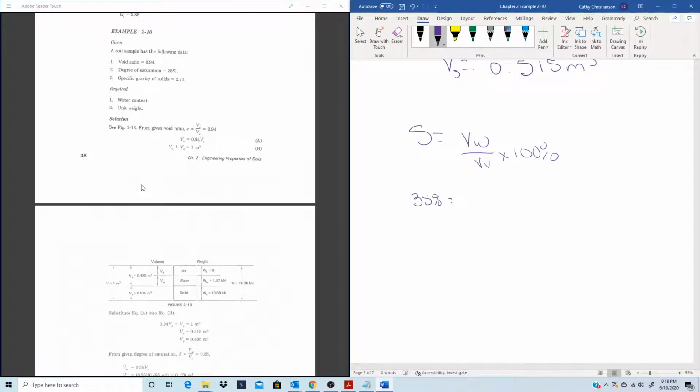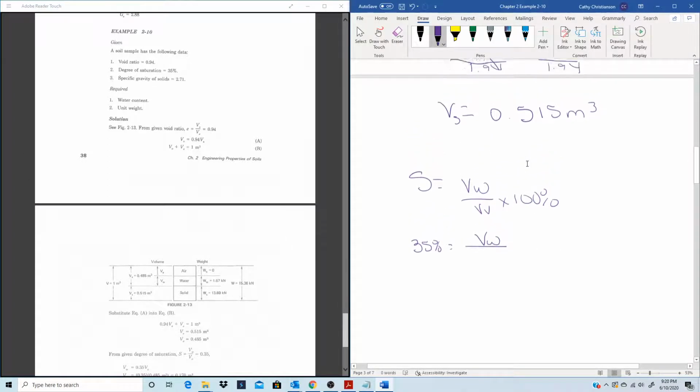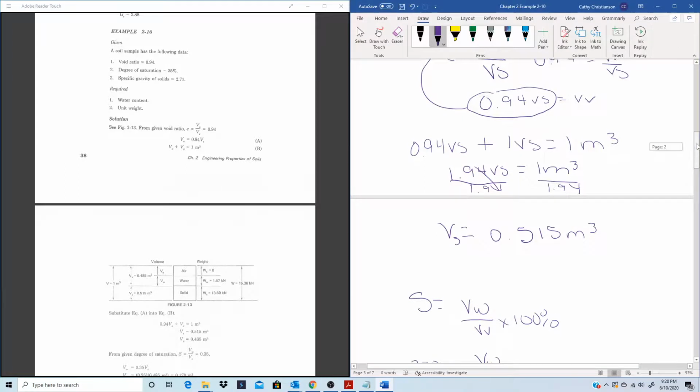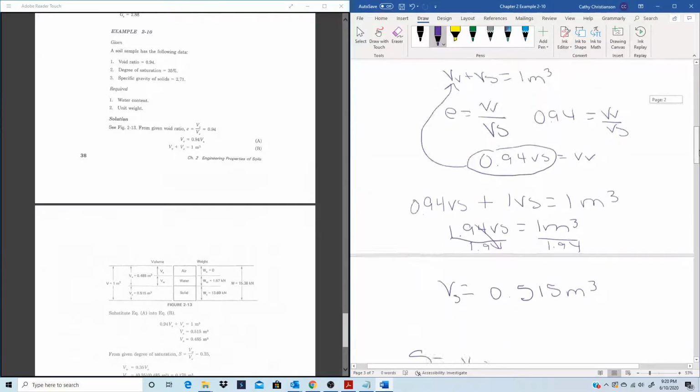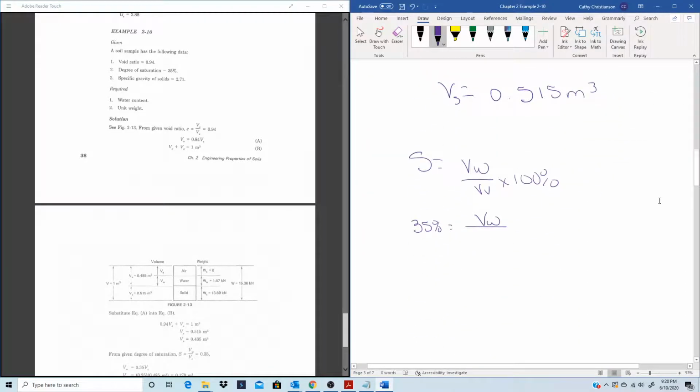And we just solved for VV. So I'm going to use what we just solved up here, 0.485, and plug that into that formula. 0.485 multiplied by 100. So I can divide both sides by 100.